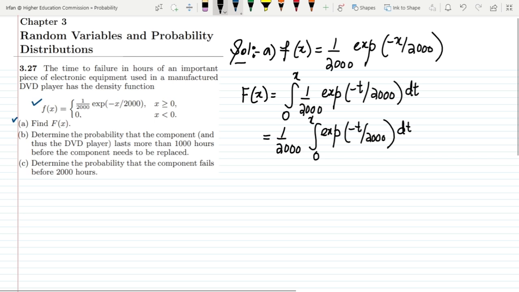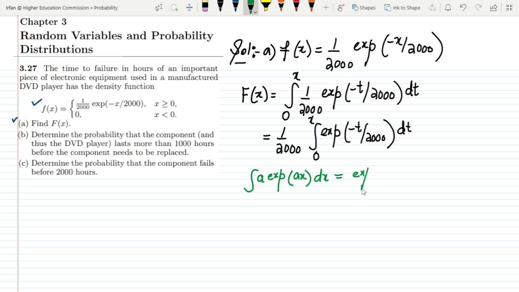From the previous section we have seen the integration of the exponential: if I have exponential of ax, its integral with respect to x is the exponential of ax divided by a.